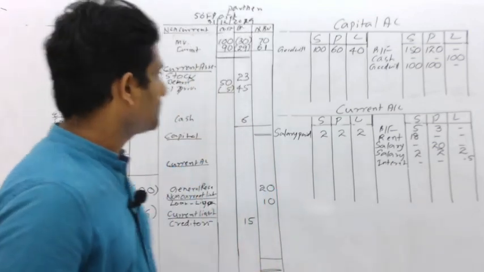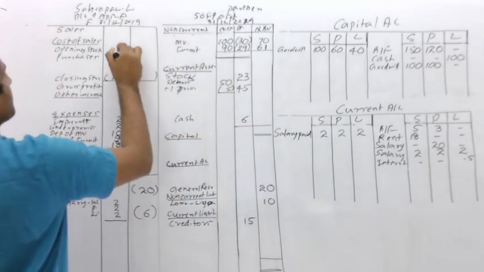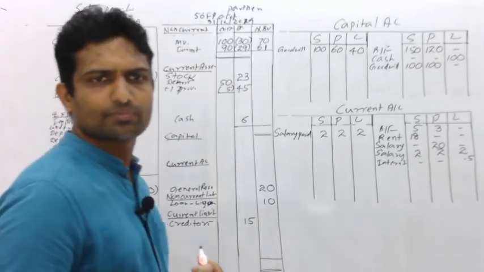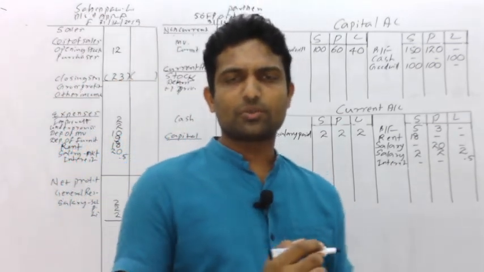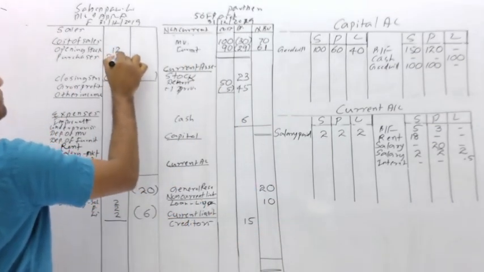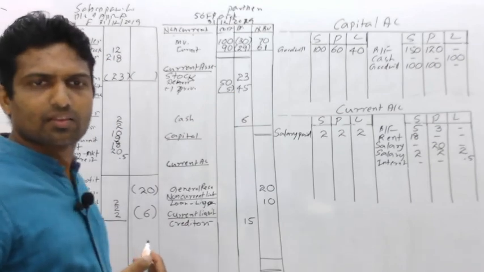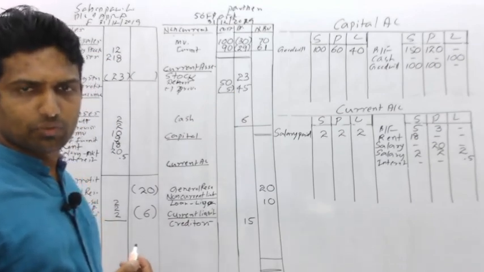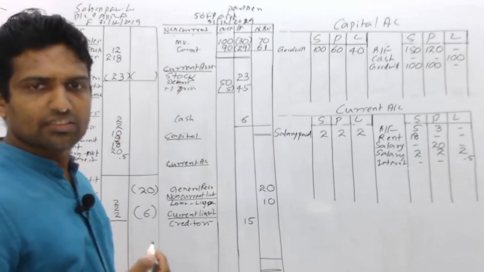Opening stock is 12. Then purchases 280. Debtors, we got the provision for impairment already, we have taken. Then take drawings.